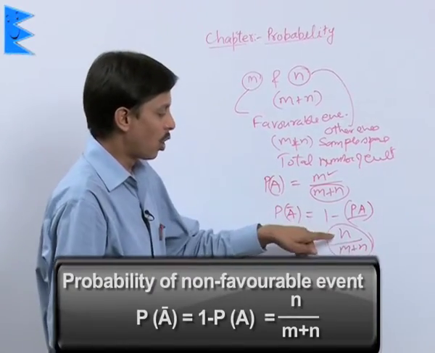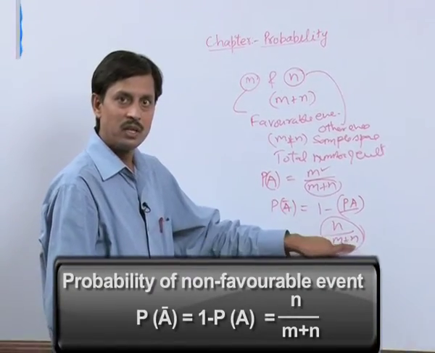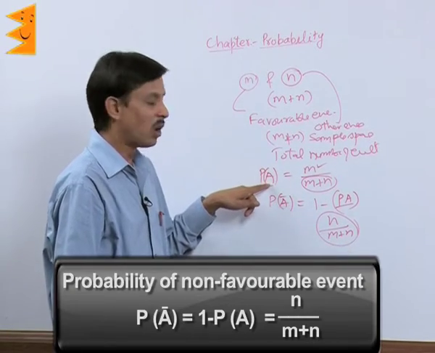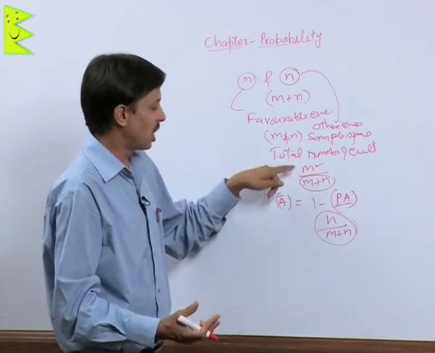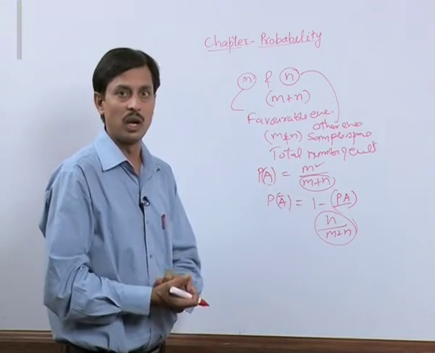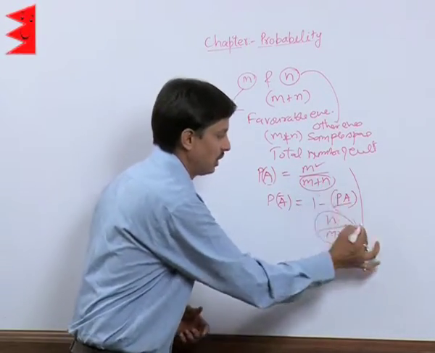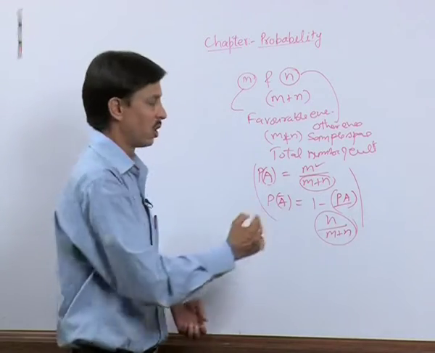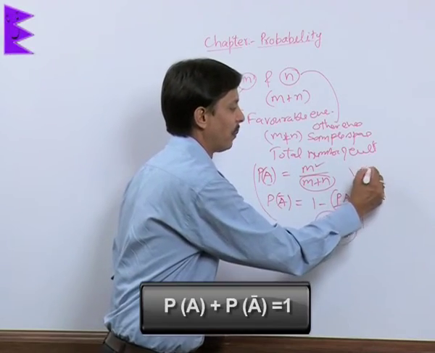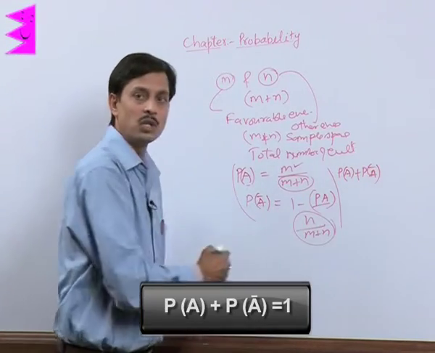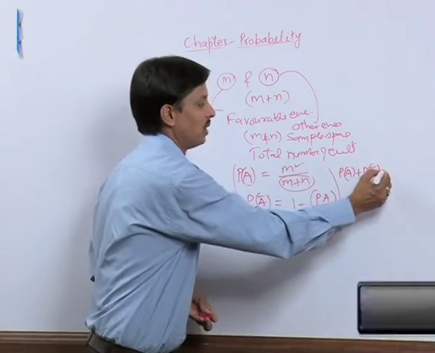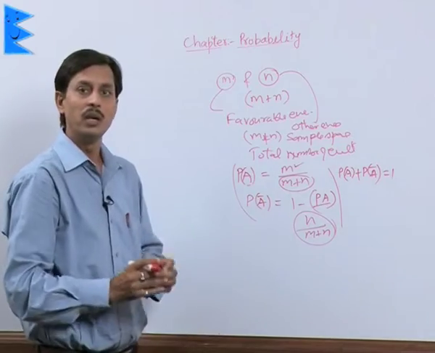It means not favorable upon total sample space, whereas probability of happening is favorable chances upon total. So with this discussion, one conclusion drawn is that probability of happening plus probability of not happening, this bar showing not happening, comes out to be 1.